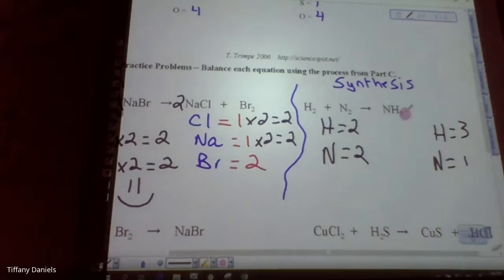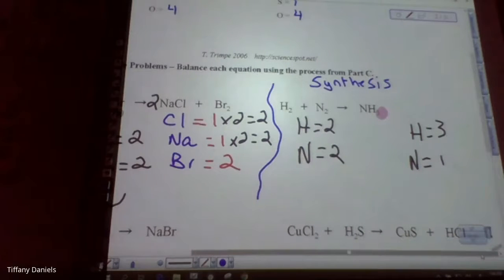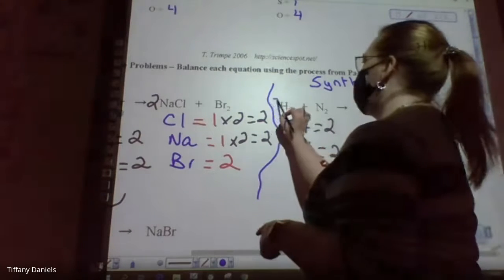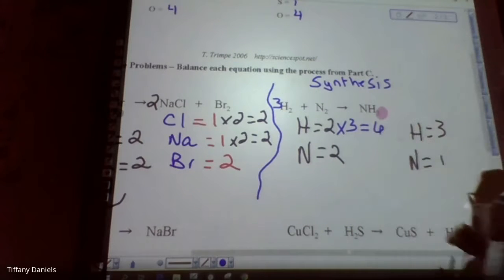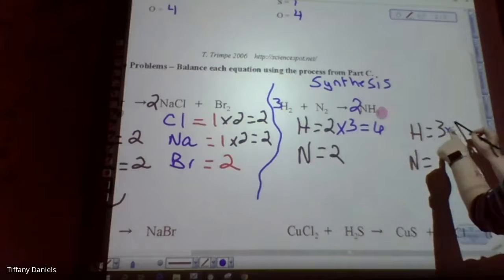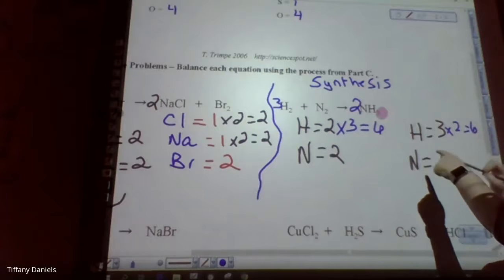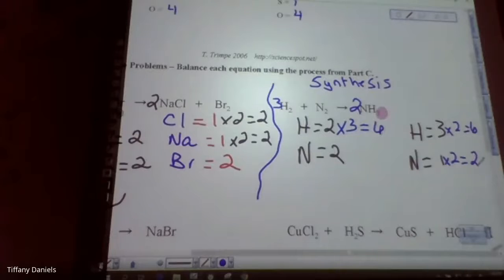Okay, so probably the easiest thing to do would be to balance the hydrogens first. A lot of times they say leave hydrogen till last. But I know that if I multiply 2 times 3, I get 6, and that makes things a lot easier. So if I put a 3 here, and I put a 2 here, that pretty much takes care of it.